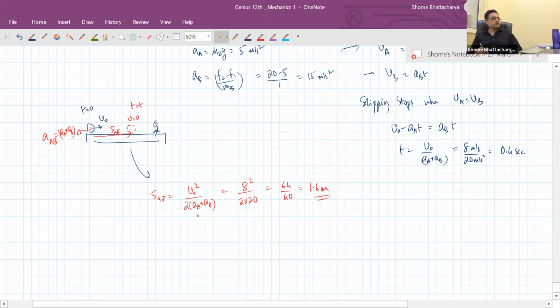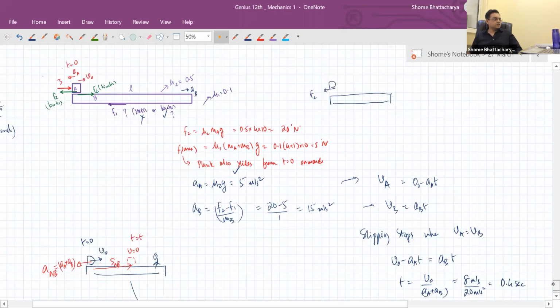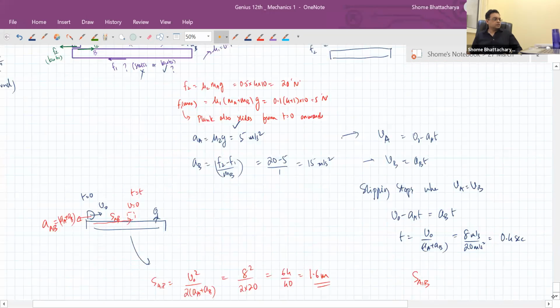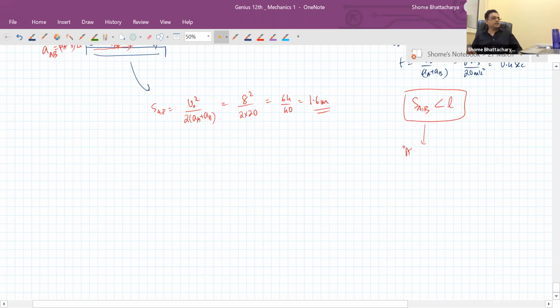1.6 meters. So now this 1.6 meters is less than what we've taken as the length. How much was the length of the plank? 2 meters. Yeah. So this is less than the length of the plank, so A does not slip off. So now, with respect to the plank B, the maximum displacement of A is going to be this only, 1.6 meters.